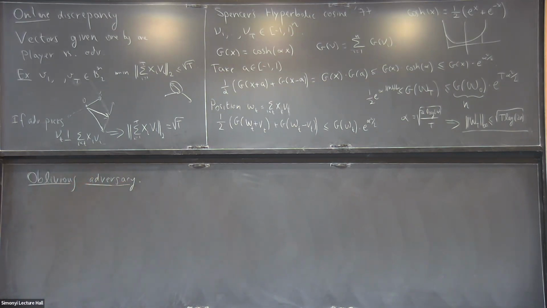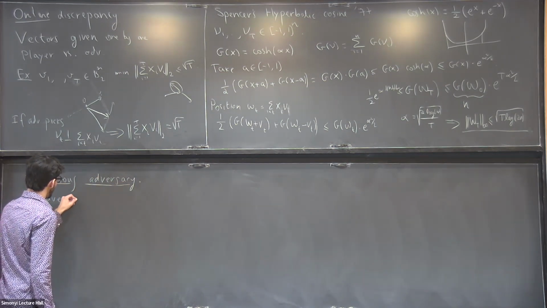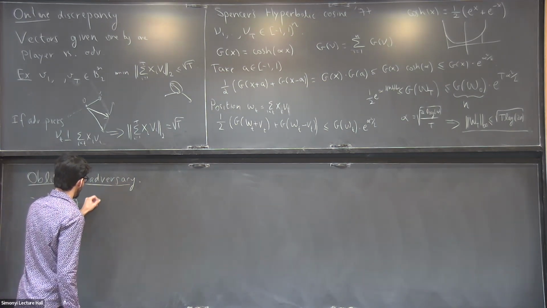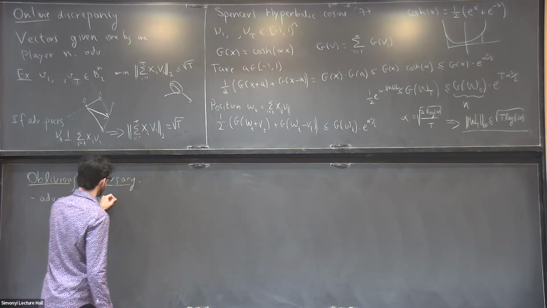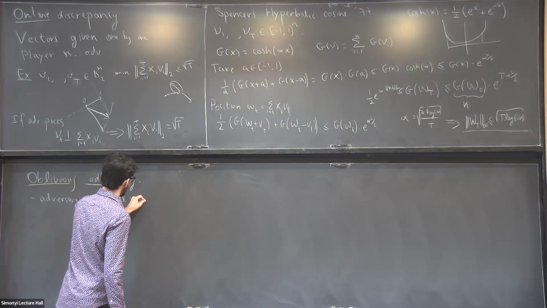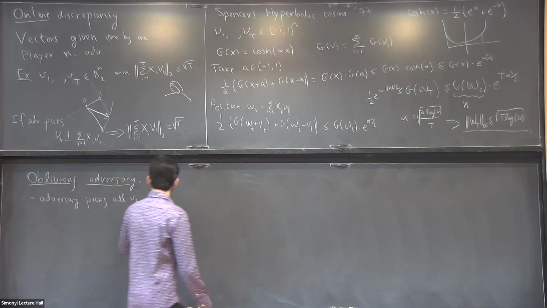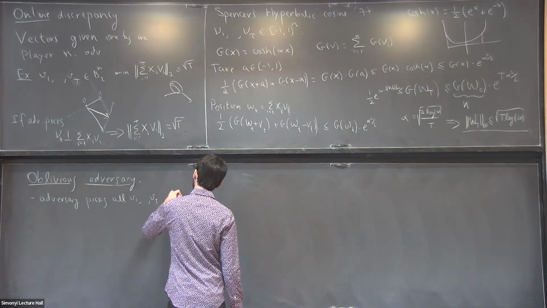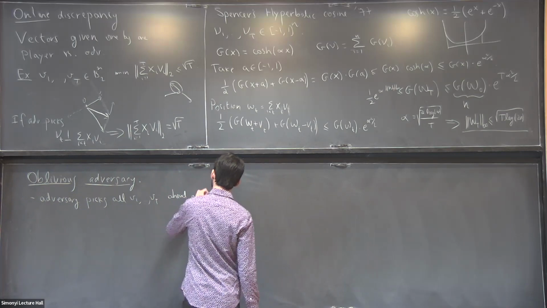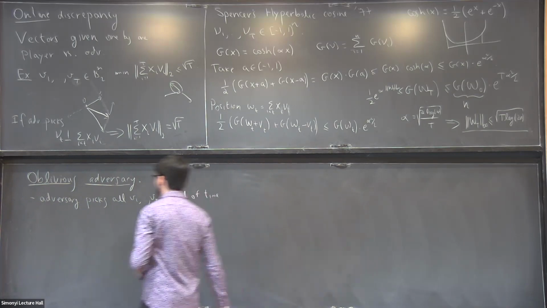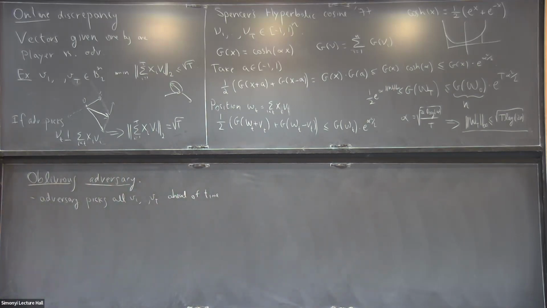So here, the adversary is a little restricted. Here, the adversary picks all vectors ahead of time. And we still receive the vectors one by one, and we need to pick the sign as soon as we receive them.